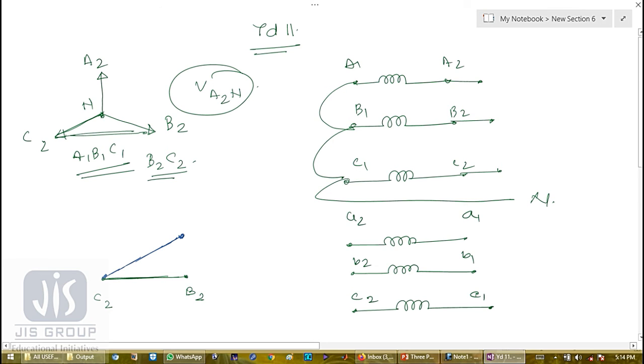Okay, so this is my small B2, this is my small C2. Okay, so if this is my B2, let me complete the triangle first. So I can easily draw the triangle now. Complete the triangle.